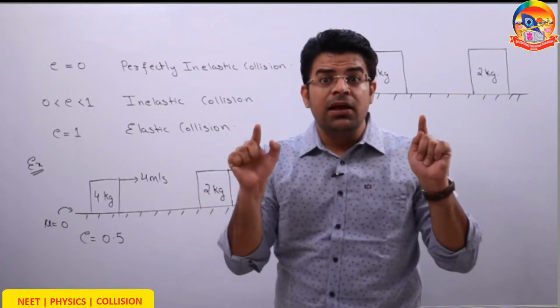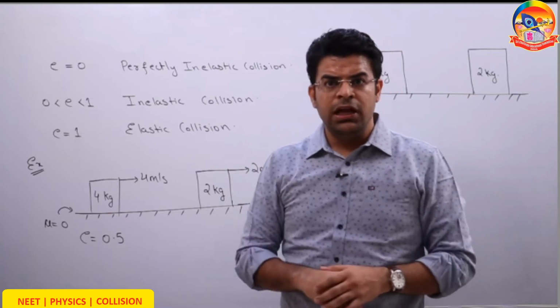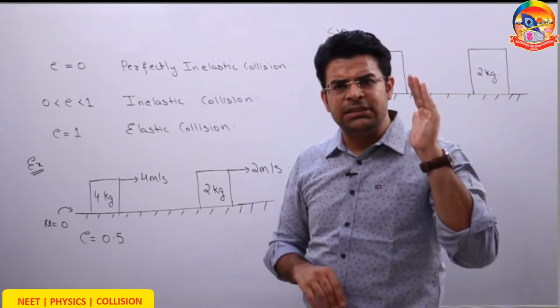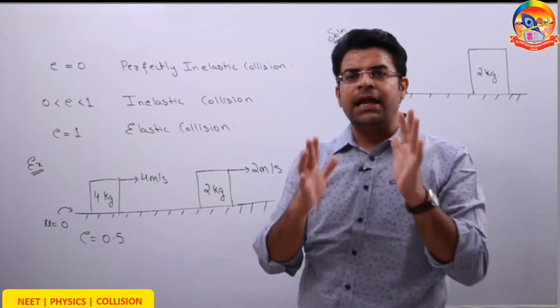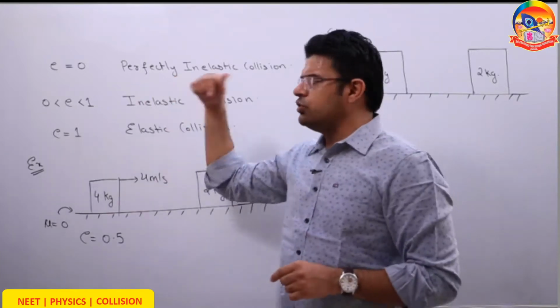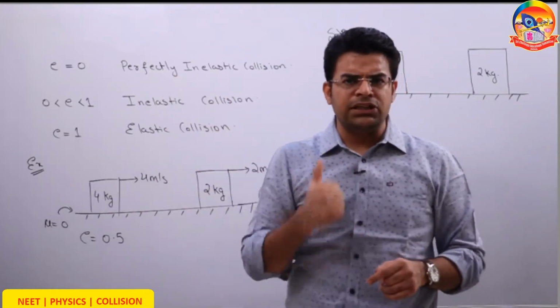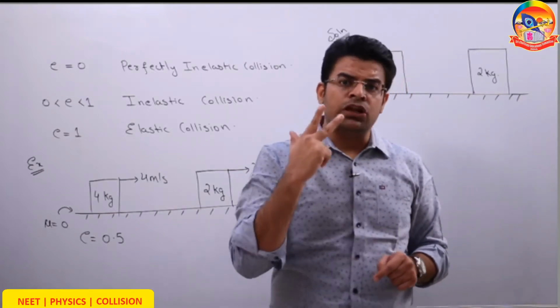It means that there is no separation along the line of impact after the collision. Both the bodies must have the same velocity along the line of impact after the collision, so that the rate of separation after the collision becomes 0. So coefficient of restitution 0 means perfectly inelastic collision, velocity of separation is 0, both the bodies have the same velocity along the line of impact.